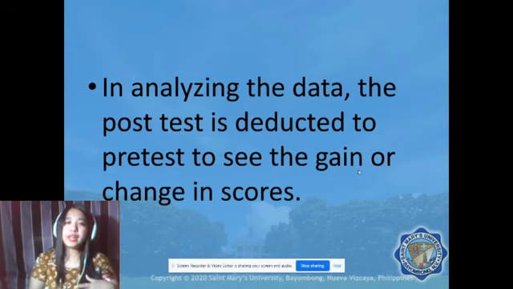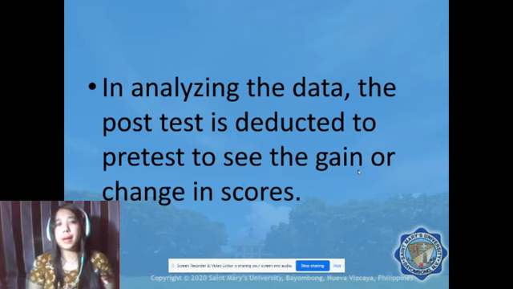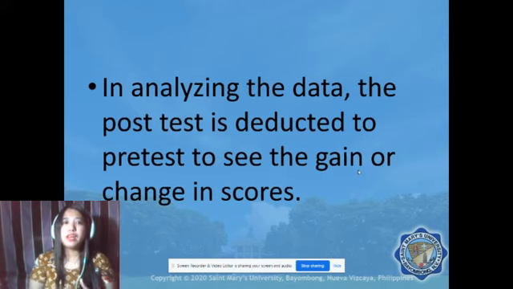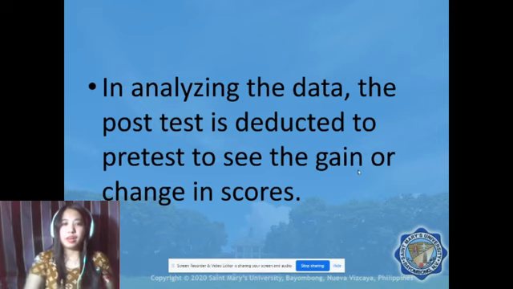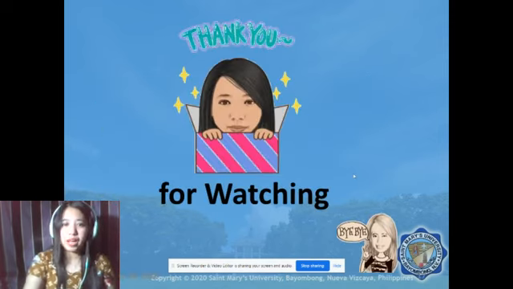Okay, in another video, we're going to use software to answer some problems. So we need to craft the possible problems, given that our target experimental design is the single subject design, the static group pretest-posttest design, or the static group comparison design. Thank you for watching.